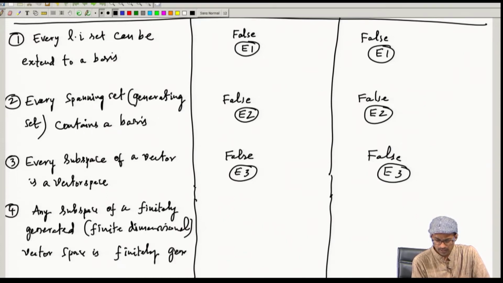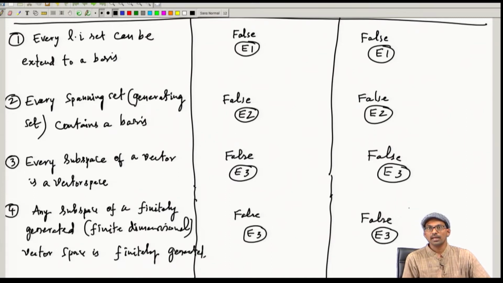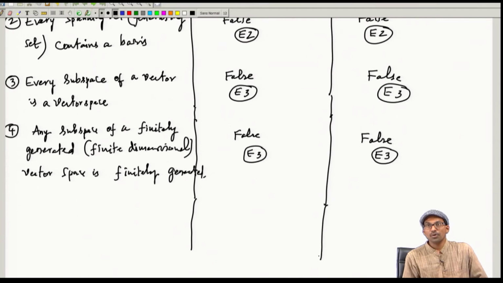It means the subspace of a finite dimensional vector space is finite dimensional, but this is again false. We will see the same example E3; this is also false over commutative rings. So this property again fails in the case of free modules over commutative rings.